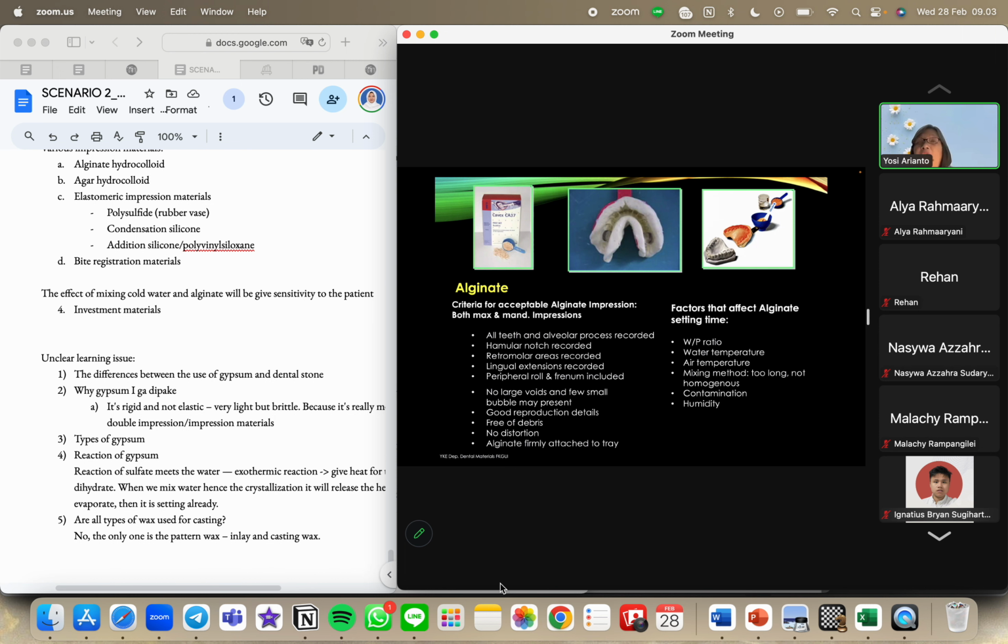Also, if we have contaminations, maybe from oil or other substances, it will also affect the setting time of the alginate.